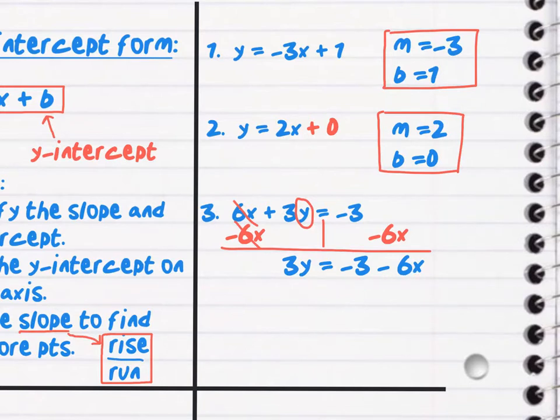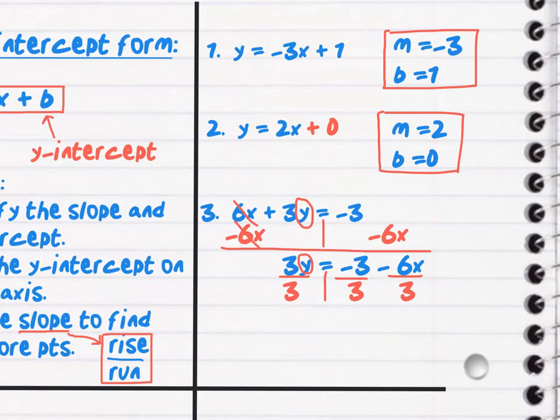Okay, and now we're almost done. We still have to get y by itself, and right now y has the 3 in front. So now our next step is to divide this side by 3, and on this side we're going to divide by 3, but each term is going to be divided by 3 separately. So it will look like this.